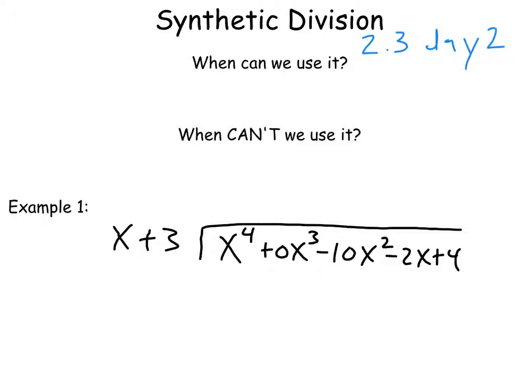So here's the first question to address. When can you use it? When you are dividing by x minus k. You might think back to the first day and say, hey, those are cases that we had.